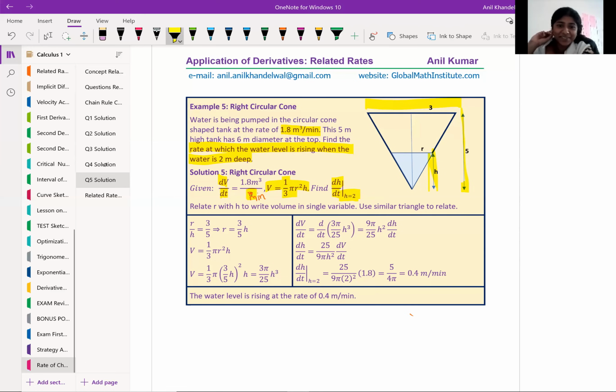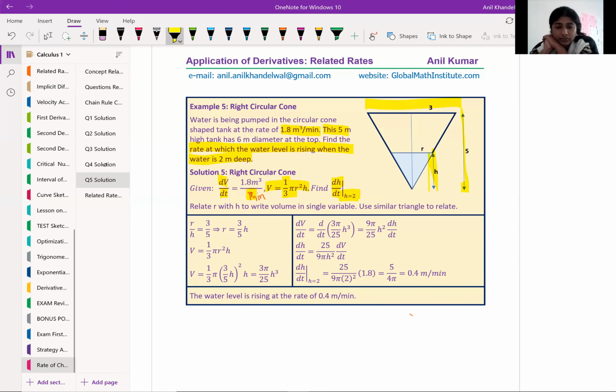Perfect. Now to solve it. In the question, we have also been given these parameters for the cone, right? So a right circular cone. A cone could be placed either way. It could be upside down also, the way I've shown it could be the other way also.